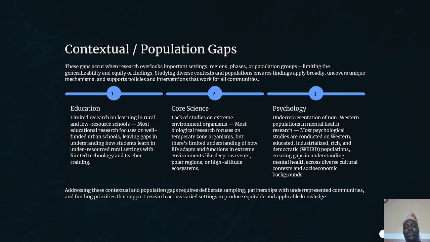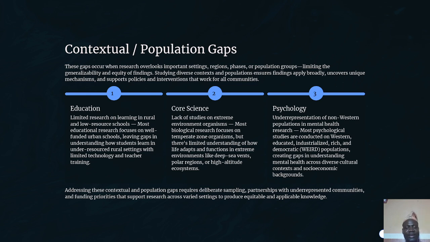This contextual and population gap is good, but I will suggest that if you are doing a doctoral research, let it be an addition to other gaps. It's not good to just have a thesis, most especially in behavioral sciences, to say it has not been done before in Nigeria.